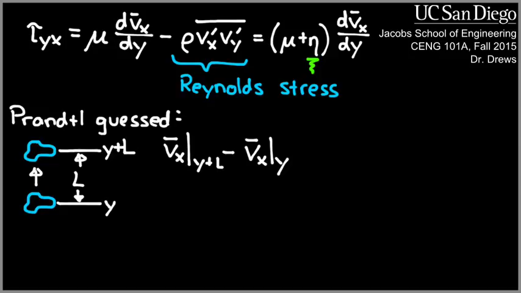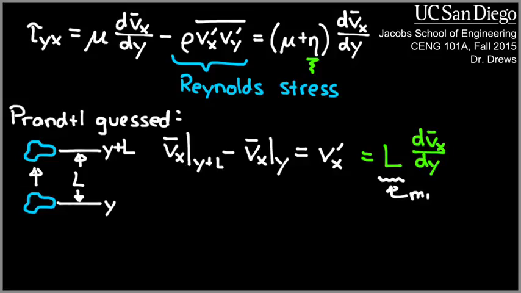That change in velocity, he said, well, that is exactly equal to the size of the kick we got, which is Vx prime. His assumption was that this is equal to that mixing length, L, times dv bar sub x dy. So he introduced this mixing length parameter, which we call L. This is mixing length.